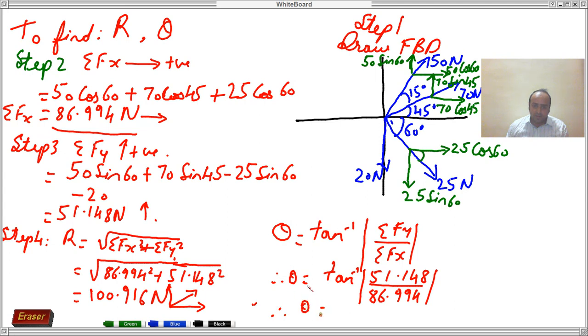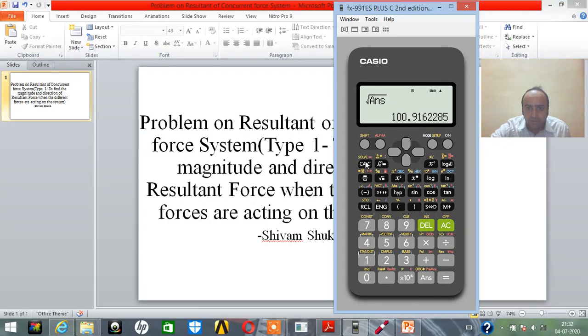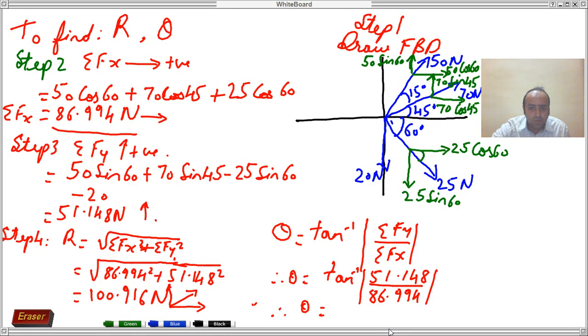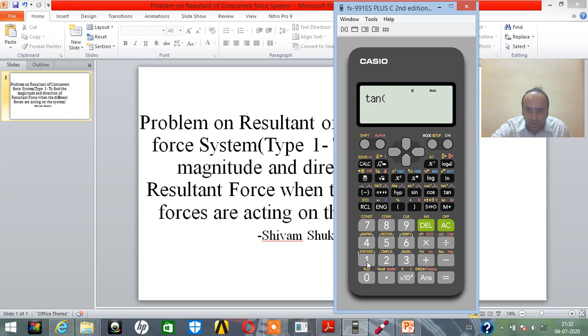So finally, therefore theta is equal to, the answer again we are going to calculate, tan inverse of, I'll say shift, then tan, that is tan inverse of course, of the values 51.148 by 86.994. So here it is, just complete the bracket.